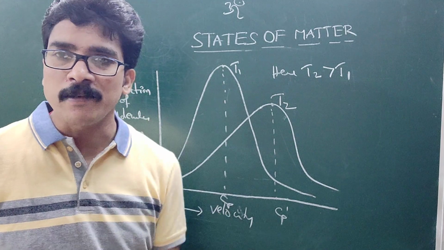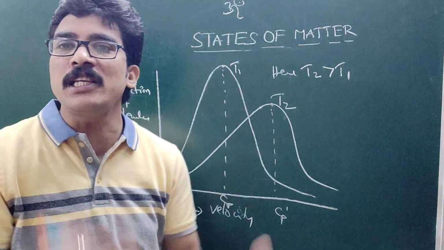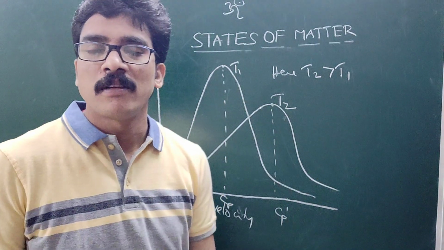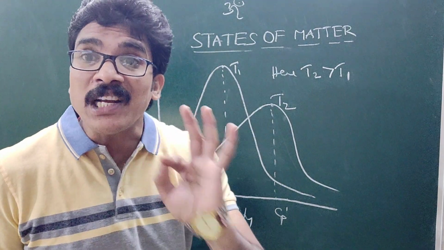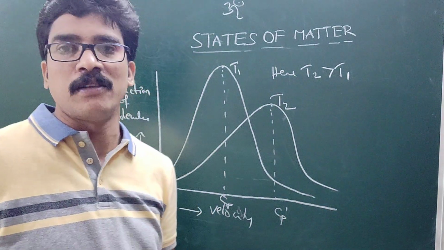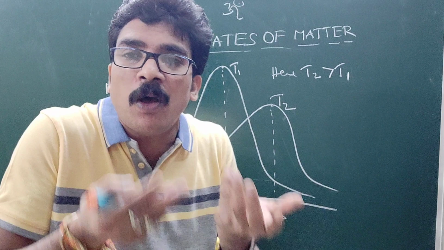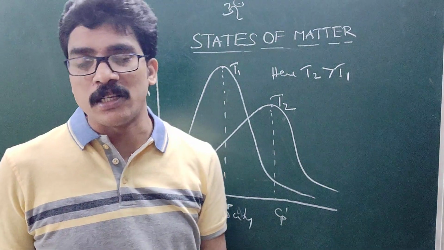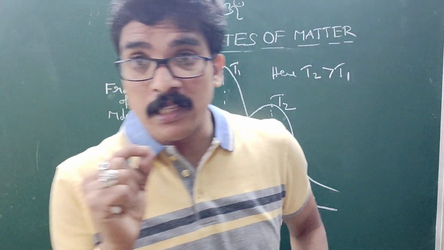I am asking the question: when temperature increases, the fraction of the molecules having the most probable velocity, increases or decreases?